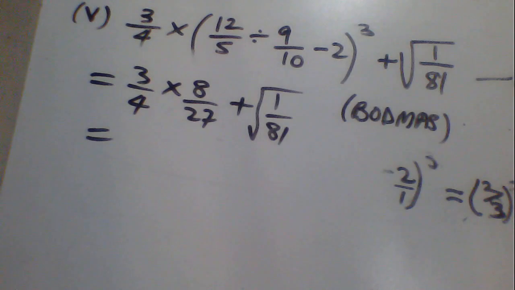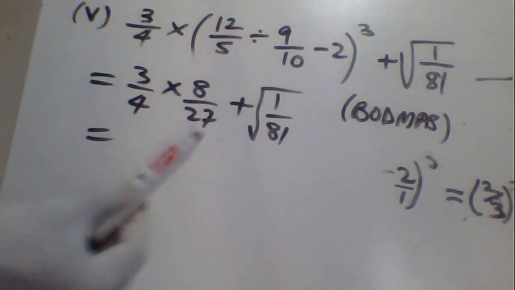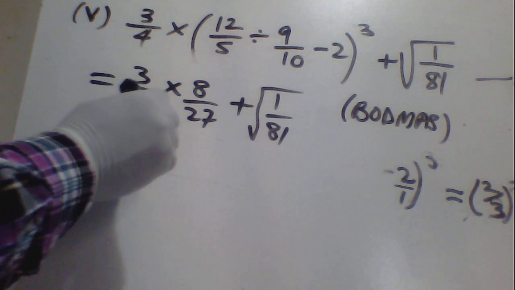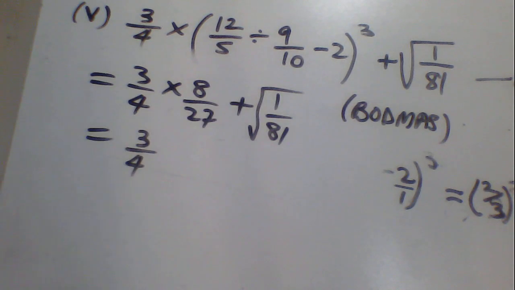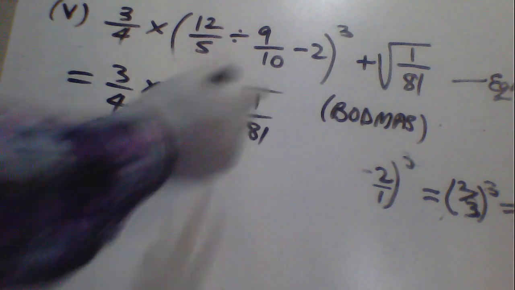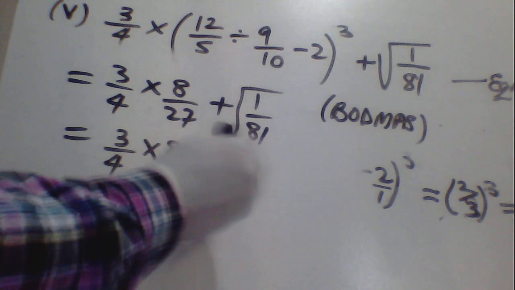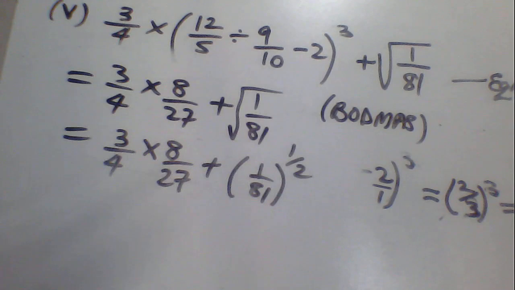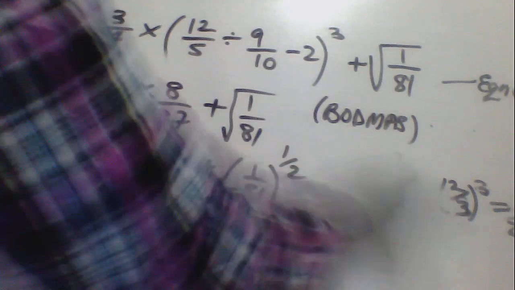The next is to solve. We have done with the bracket. The next is order. Order is the same as the power. So from here you have 3 over 4. This is a radical, so you can still put it in exponent form: 8 over 27 plus 1 over 81 to the power of half.